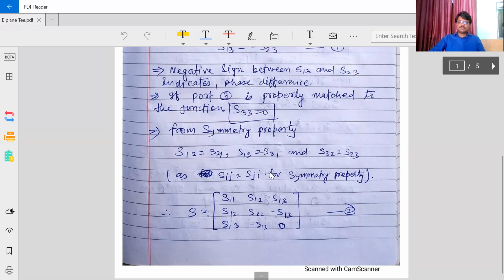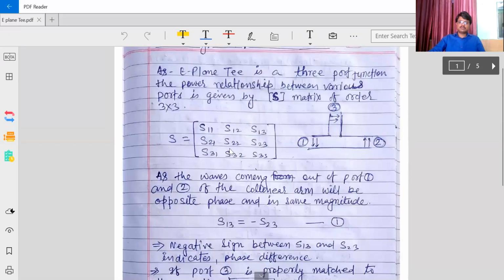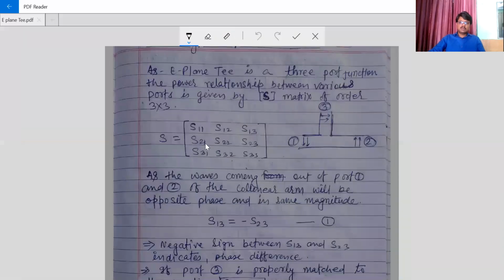So we can now write this equation as: this S21 will be S12, this S31 will be equal to S13.